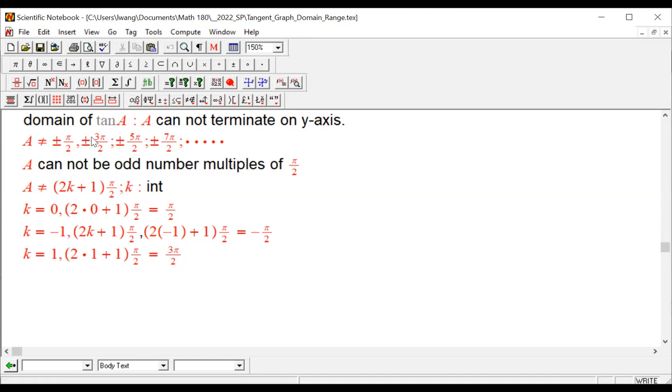So we got positive 3 pi over 2 covered, it cannot be that. And what if k is -2?